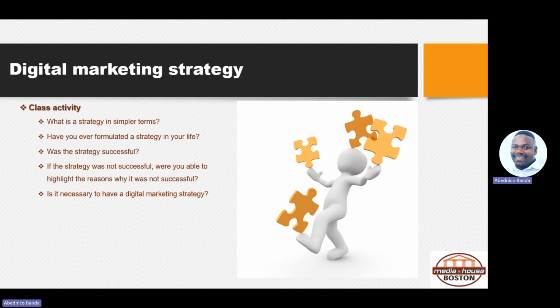Then let's just have a look at strategy in brief. So what is digital marketing strategy? We are going to dwell on this throughout the year, especially second semester. We are going to talk more about strategy. And this is the same thing that you guys are going to be doing when we go to Flume Digital Marketing Agency. Okay. So in simpler terms, what do you think a strategy is?